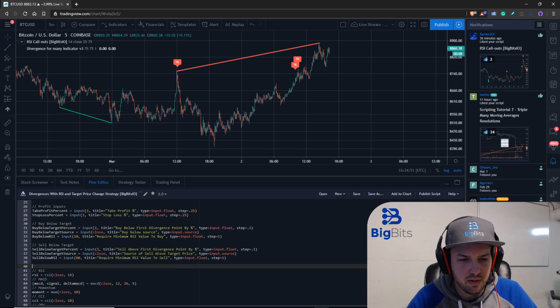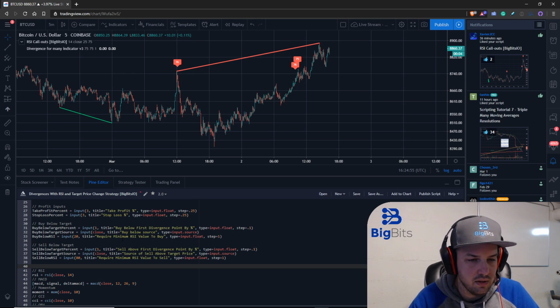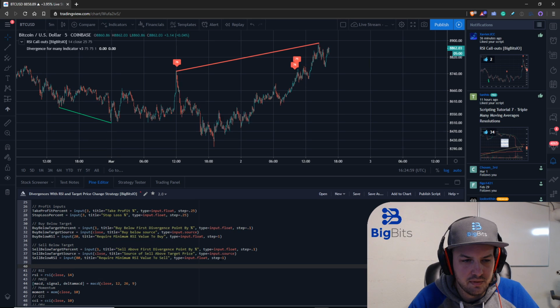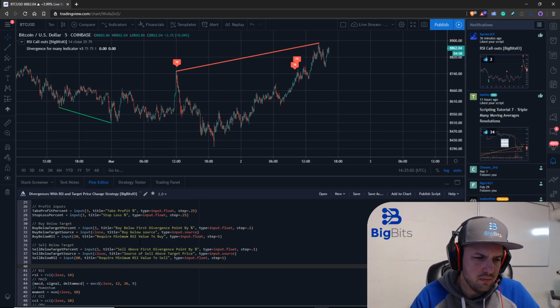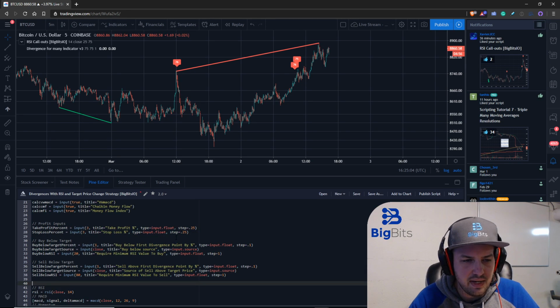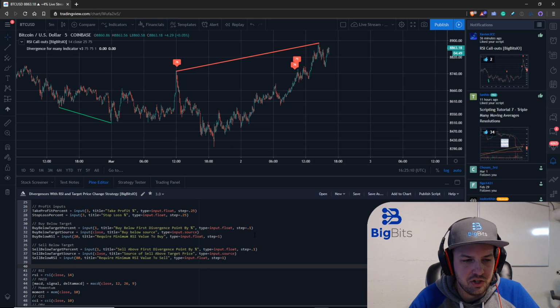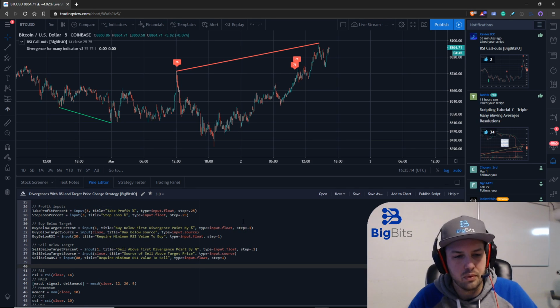It might be a little bit confusing because they both say minimum, but they're on opposite sides of the spectrum for the RSI. So we'll have to see how that goes. But I think we've got everything we need to actually start with making our entries on our strategy and then also creating our exits with our take profit and stop loss.